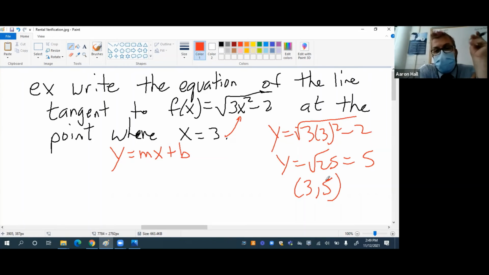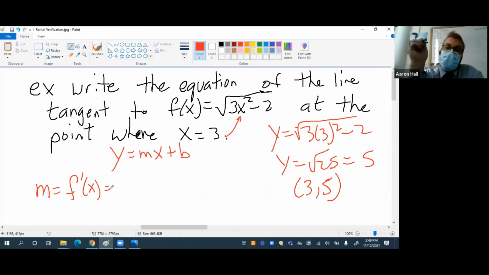So now what? Yeah, we want to find m. How do we find m? We have to find the derivative, which is going to be what? Do we use the chain rule? Do we have a function inside of a function? What's the outer function?